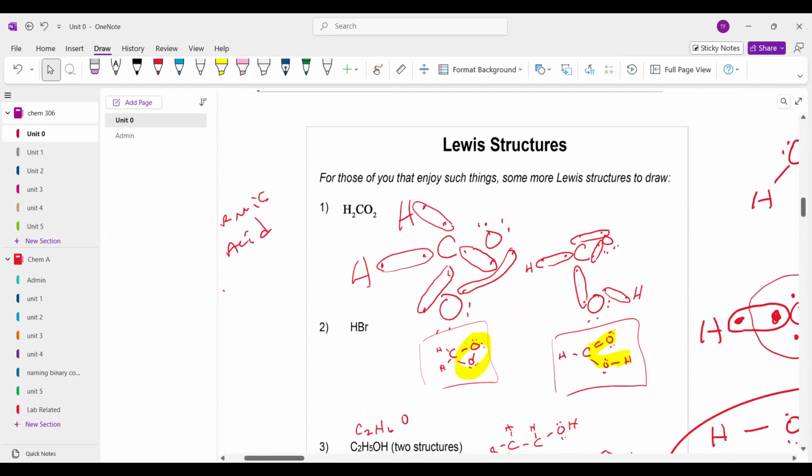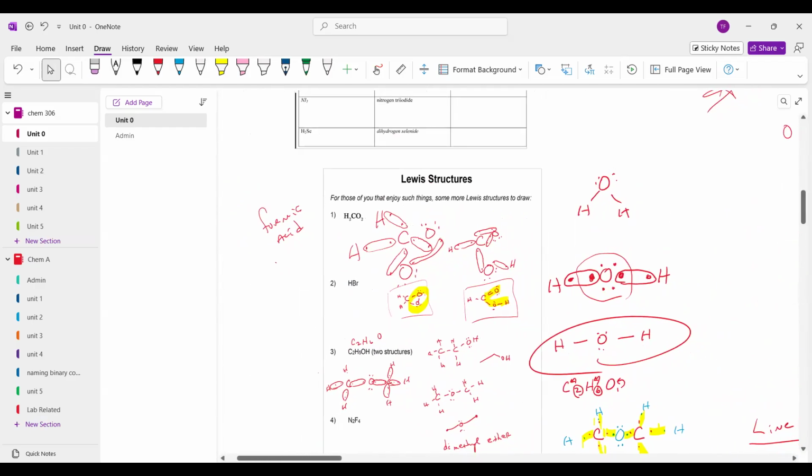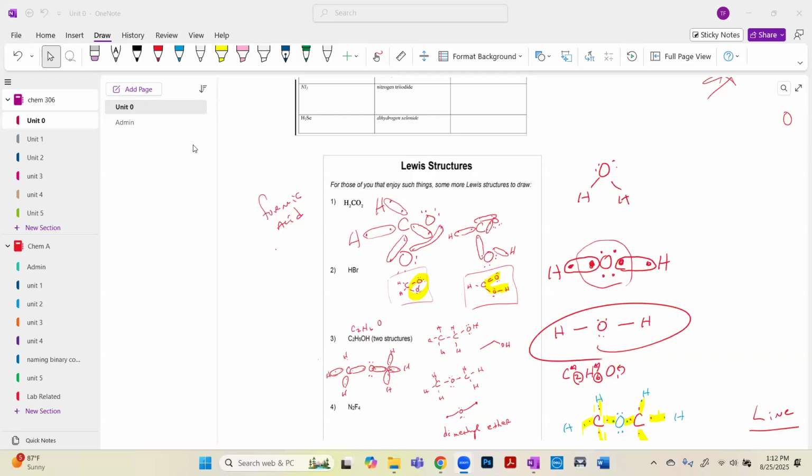Now, if you'd like more practice, I have lots of extra stuff. My feeling is students like worksheets, not digital stuff. So over the years, I've collected worksheets. I have quite a few of them actually. And if we go back to Canvas, that's not the right Canvas. That's another Canvas.